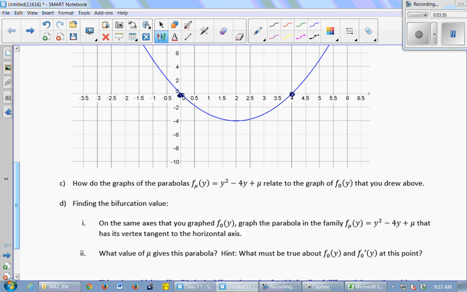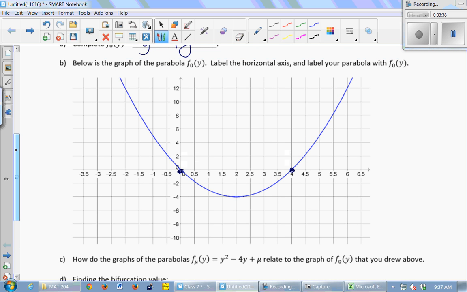The bifurcation value is the μ value that fundamentally changes things. If I shift this up by 1 unit, my parabola looks something like this. Shift it up a little bit, there are still 2 equilibrium solutions. Shift it up a little bit more, still 2 equilibrium solutions.